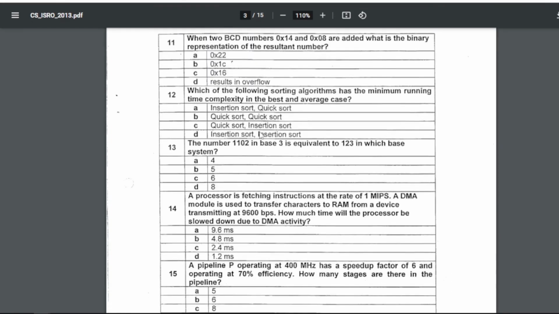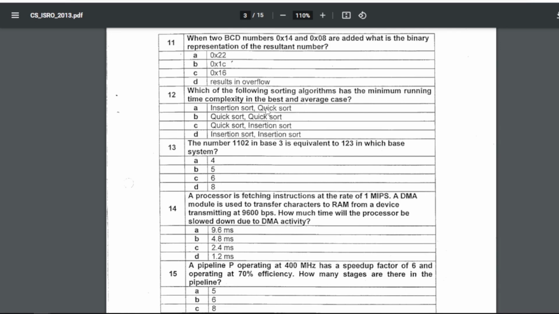Now question number 12: which of the following sorting algorithms has the minimum running time complexity in the best and average case? It is asking about the minimum running time complexity in the best and average case, so obviously the answer will be insertion sort and quick sort.